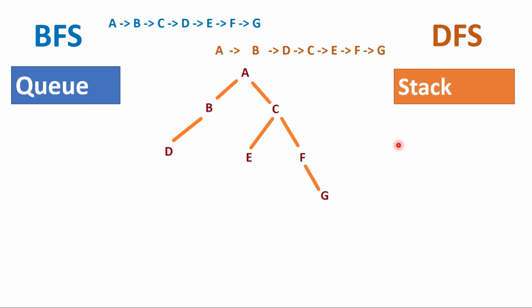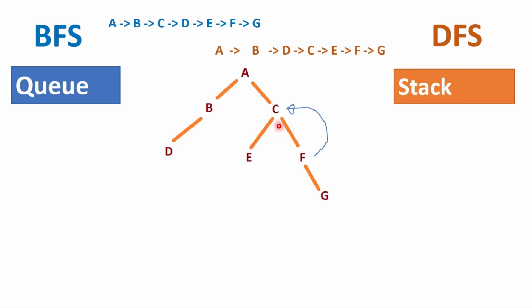Before that, I will first come to the problem: if I have any cycle in the graph. Suppose it is a directed graph where directions are also maintained, like A has a connection with B but B doesn't have any connection with A. So if C has a connection to F and F also has a connection with C, then it is forming a cycle.